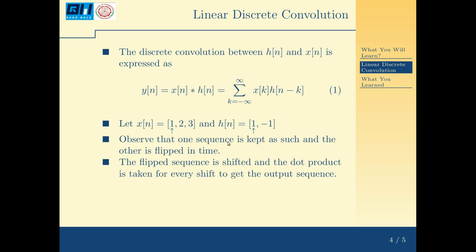If you look into this equation, one sequence x is kept as such, and the other sequence is flipped in time, that is, h[k] is converted into h[minus k], time reversed, then shifted in time, then multiplied and summed together. The flipped sequence is shifted and the dot product is taken for every shift to get the output sequence.